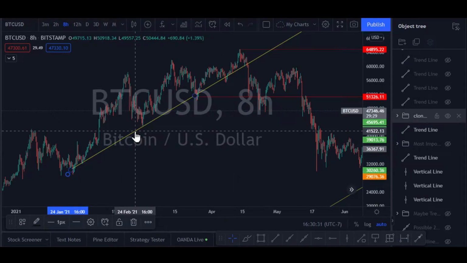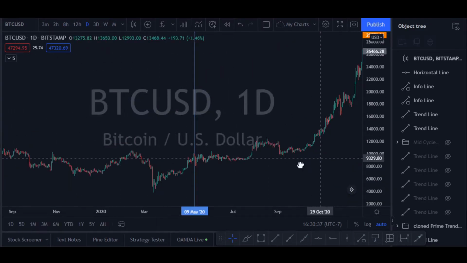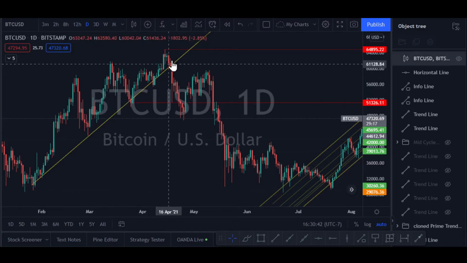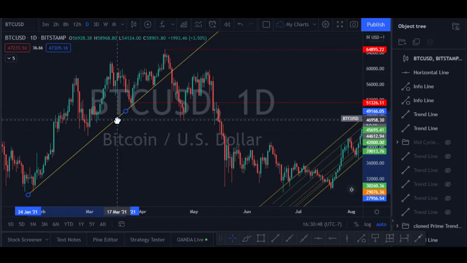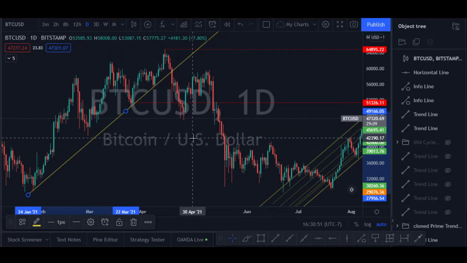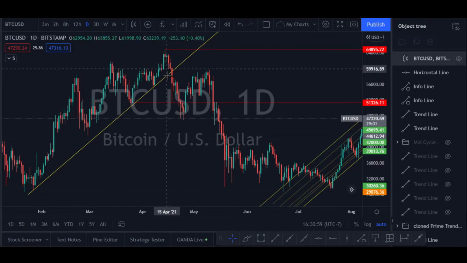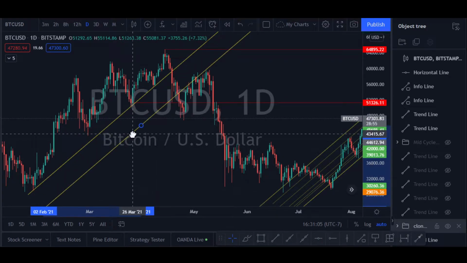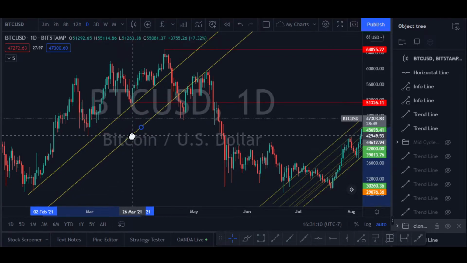I cloned those all the way over because if I go to a daily chart, you can see how those lines worked out as support, and then ultimately when it broke down, and if you wanted to clone it down, you would see how it provided resistance, whether it's here or here.